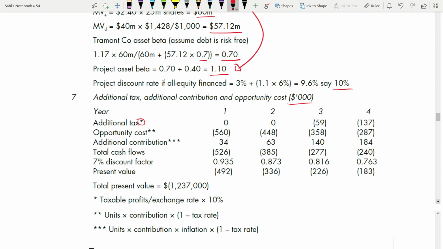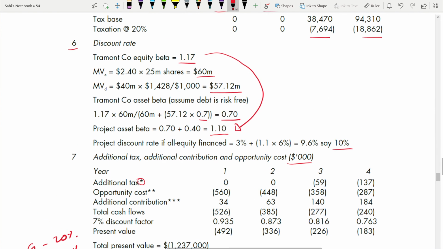The reason is in Gamalia the tax was 20% and in US the tax is 30%. So you have already paid 20% tax, but in US you have to pay the additional 10% tax. They will not charge the full 30% tax because of the double tax treaty. That additional 10% they will charge in US. That's why the 10% is charged.